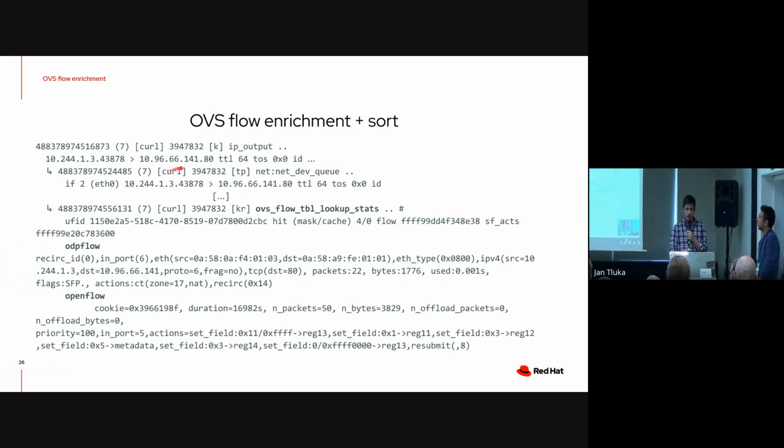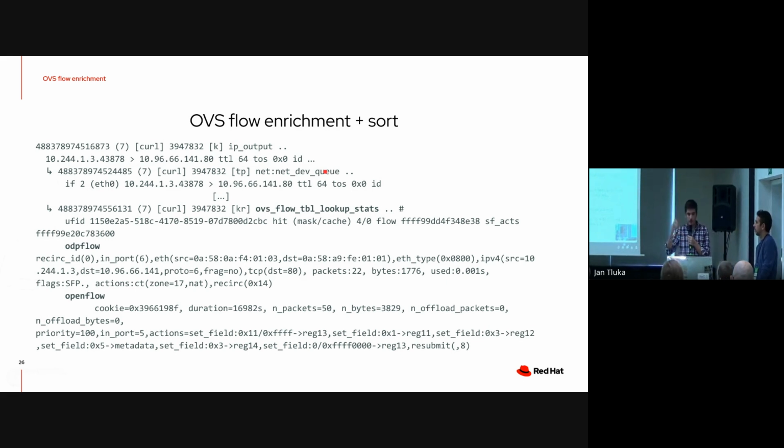I've limited the output here, but you get the L2, L3, L4 headers. You get the conntrack information, NFT, whatever, and then eventually you hit OVS, and the event that we generated on this probe is enriched with the OpenFlow and the data path information.